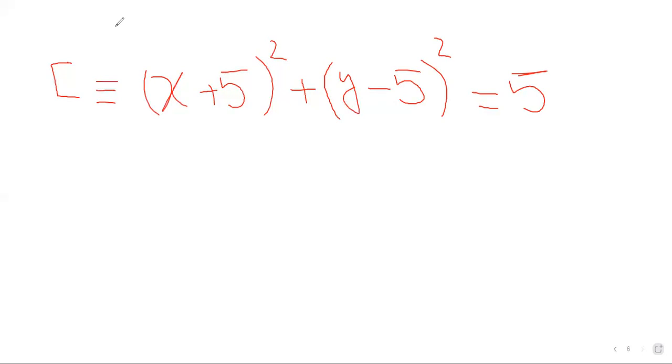So we are looking for the center of the circle. Can you find it? Yeah, I can find it.